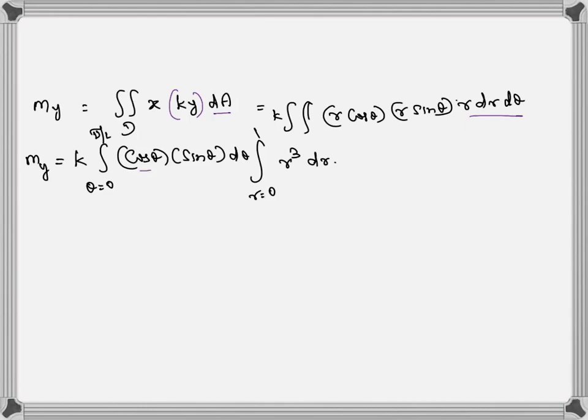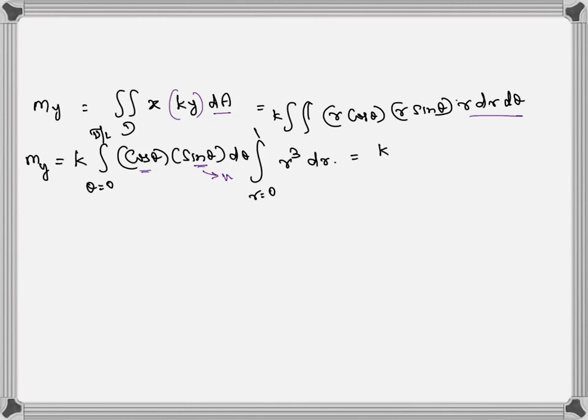Here you can either apply u-substitution, substituting u equal to cosine theta, or you can write this as sine of 2 theta over 2 and then integrate.